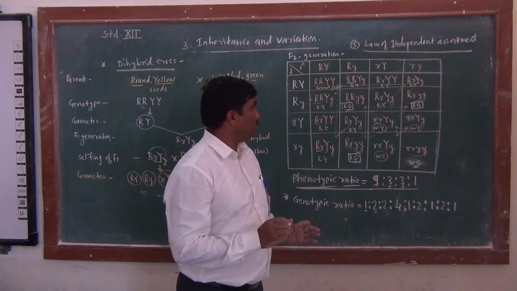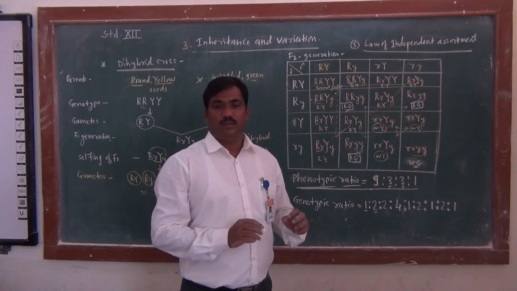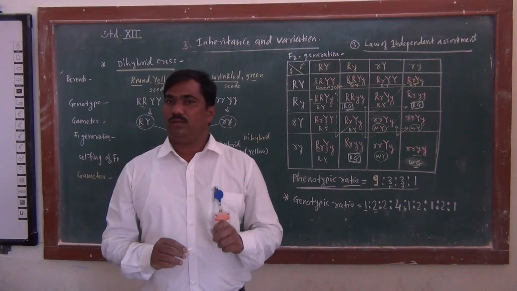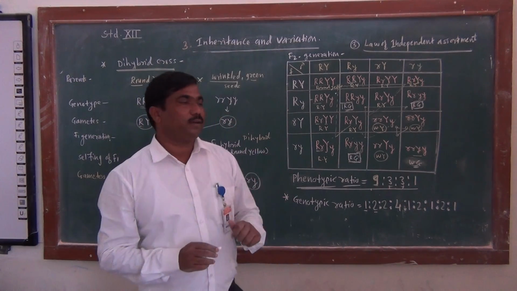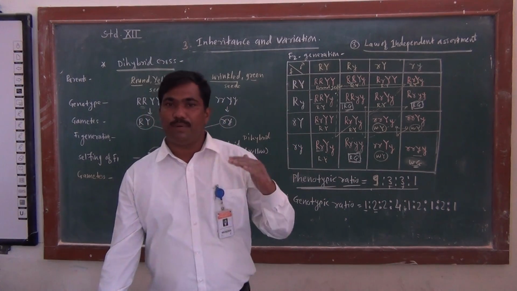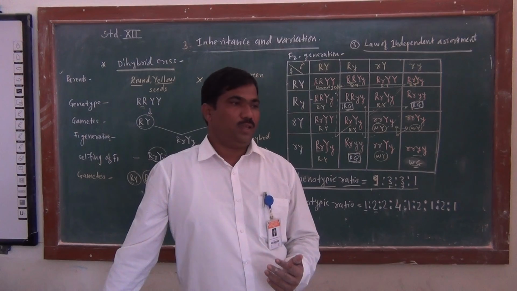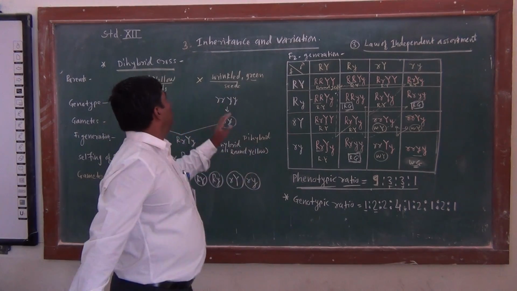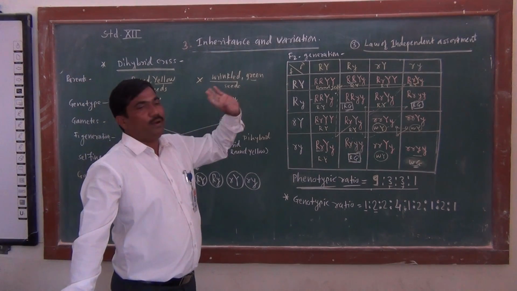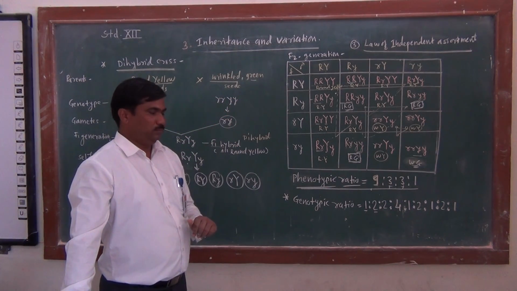Therefore, remember this one thing: the law of independent assortment is applicable only when the alleles are located on separate chromosomes. Okay, so that is about the dihybrid cross and the law of independent assortment.